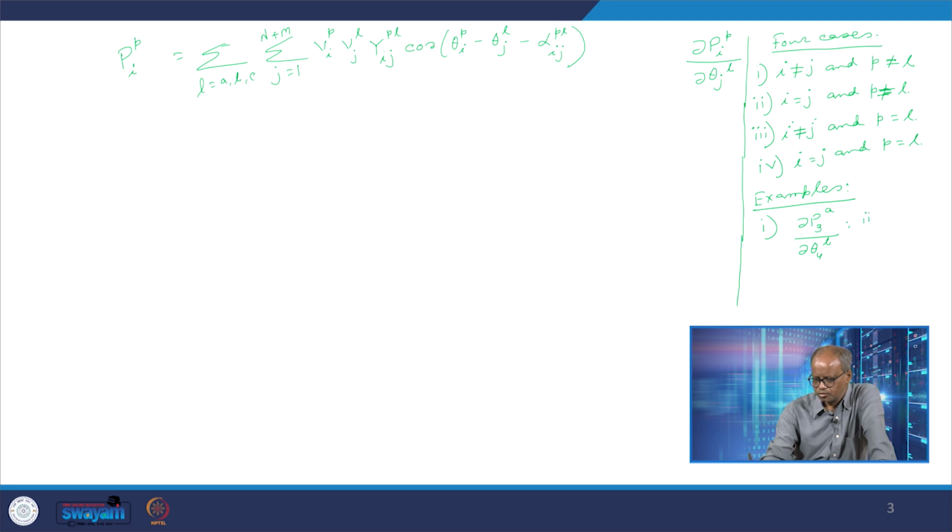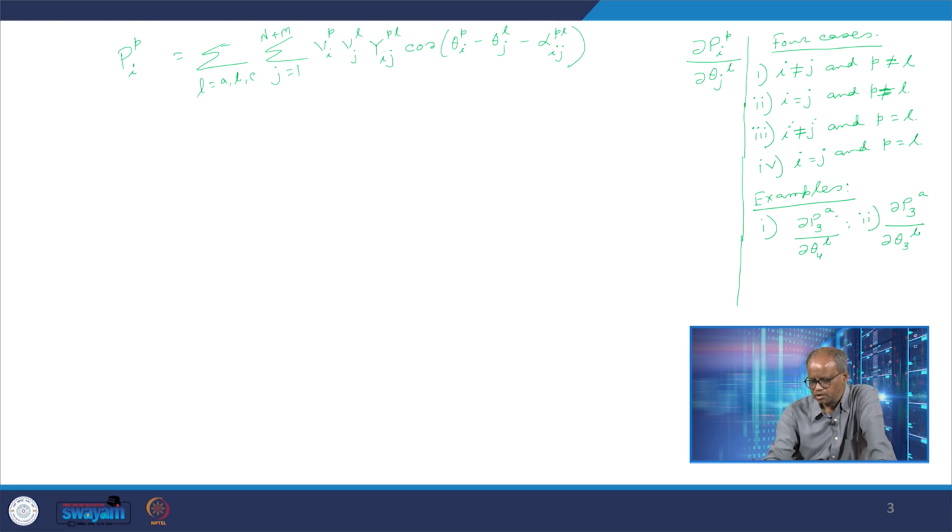Then case 2 would be I equal to J but P not equal to L, so del P3A by del theta 3B.